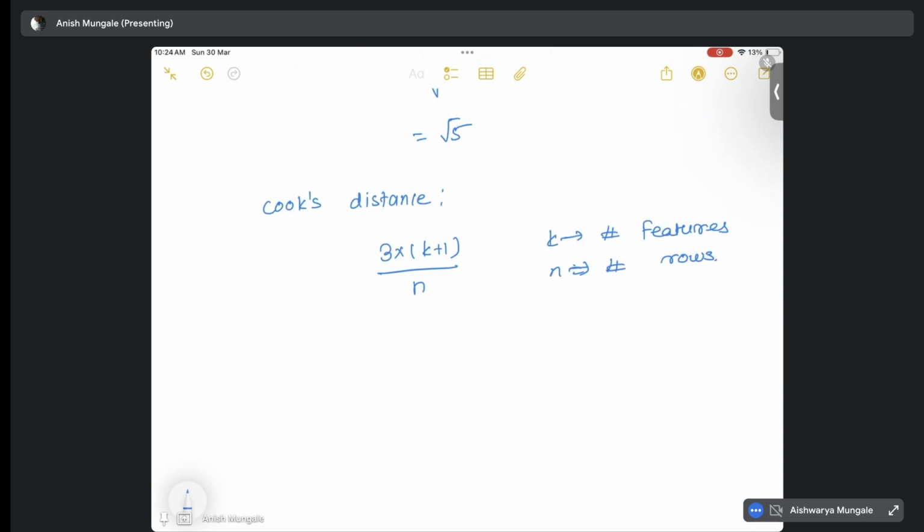In our case, it is 3 into 4 plus 1, because there are 4 features, divided by 81. This comes out to be 15 by 81, which is something like 0.19. Is this clear?